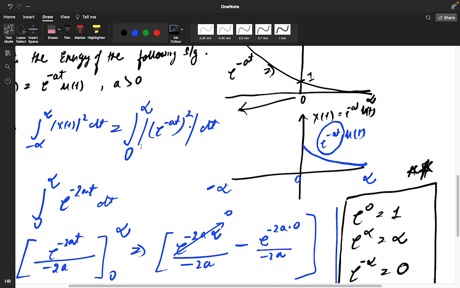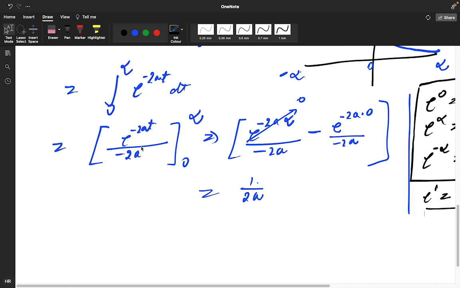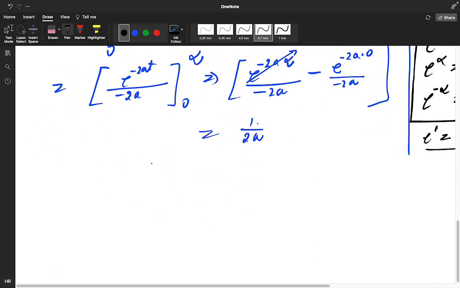Okay. What if my question was like this? Can anyone say what will be the answer then? X of t is e power minus at u of t, where a is less than 0. You have to consider from minus infinity to 0.